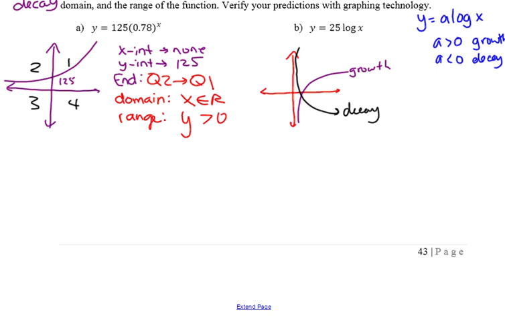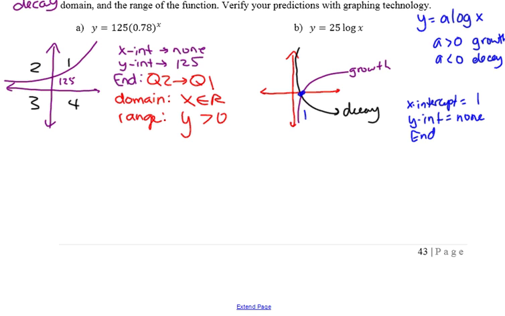So for this guy, the x-intercept always went through 1. It wasn't the a value. So x-intercept would be 1 on all log graphs. Would there be a y-intercept? No. How about end behavior?